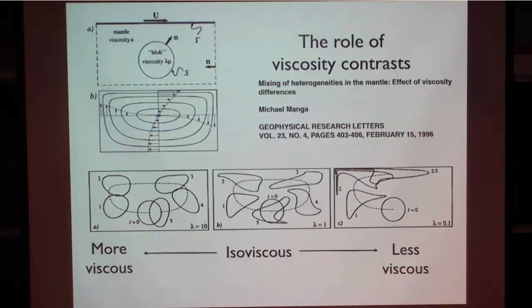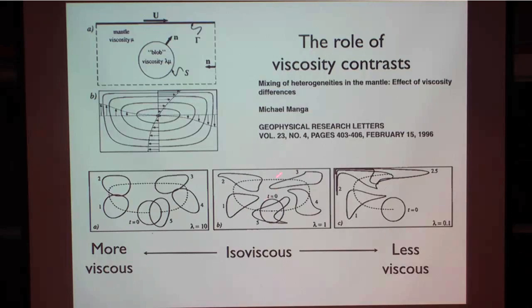Okay, so something I've not really gone into is the role of viscosity contrast. In that one model that I showed you with those nice movies, we increased the viscosity in the lower mantle. But it may be that the mantle's viscosity is variable due to composition.